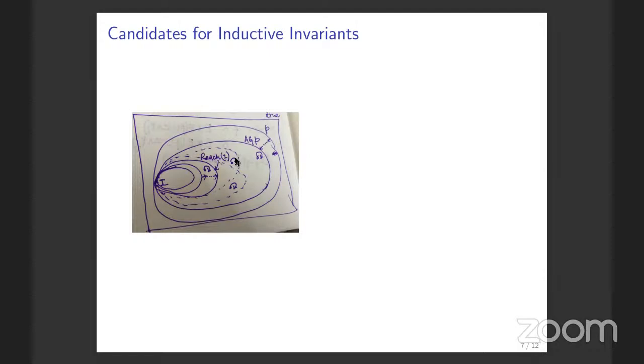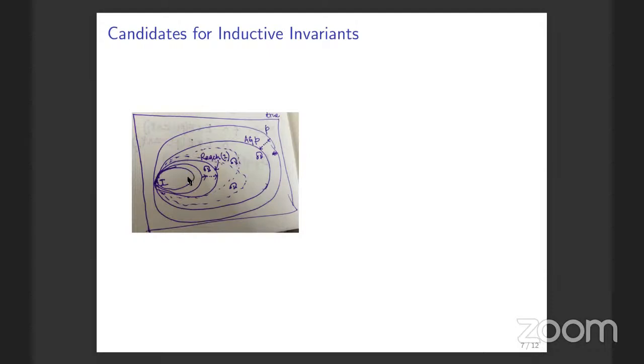So the idea behind the method that I'm going to describe is to use this Craig interpolant to get an over approximation that is safe. A safe over approximation. That is the key idea.